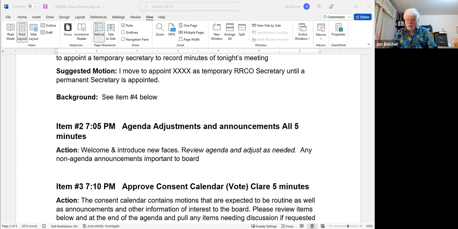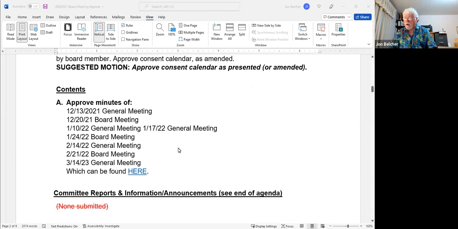And anything that remains in the consent calendar that hasn't been removed, we then vote en masse to approve. And as of tonight, the only thing in the consent calendar is to approve our minutes.